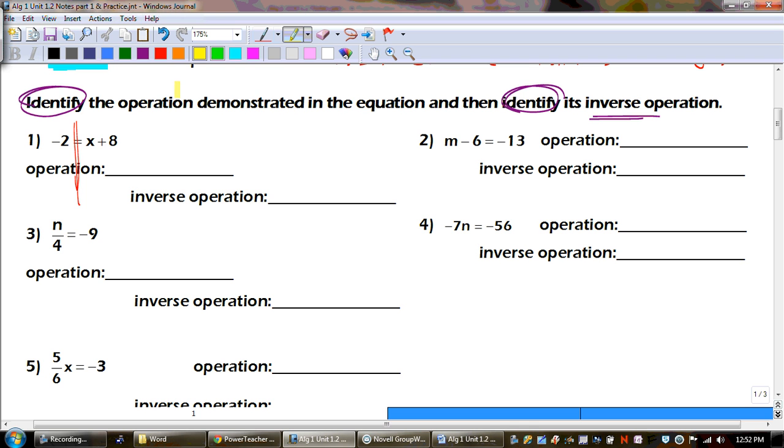Wherever the variable is, that tells us what the operation is. So right there, what's going on? It's addition, because we are adding 8. The inverse of that, the opposite, would be subtraction.